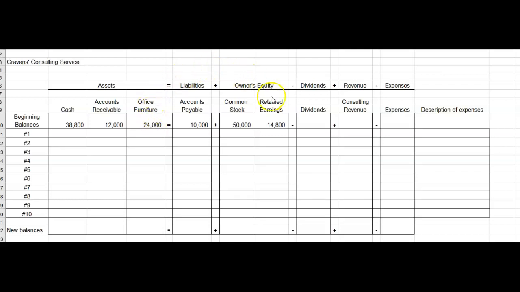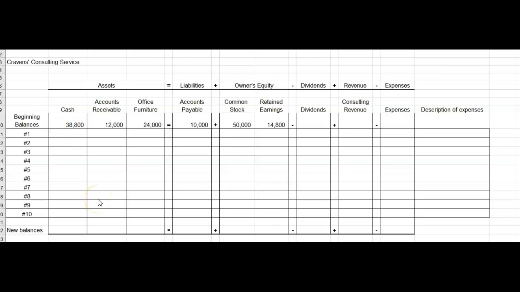And on the other side of the equation, $10,000 of accounts payable plus a total of $64,800 in owner's equity also equals $74,800. So assets do equal liabilities plus equity, and the books are in balance on January 1st before we begin recording our January transactions.